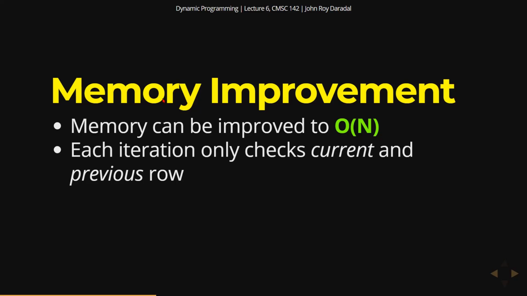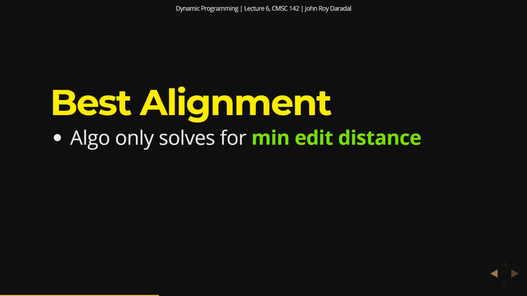So we could just save two rows, the previous and the current, and then n columns, so that would be O of n. So we don't need to save the full table. We just need to save the two previous rows if you want to improve the memory. Okay, but for our example here, we'll just save the whole table because it doesn't really matter that much in small examples anyway.